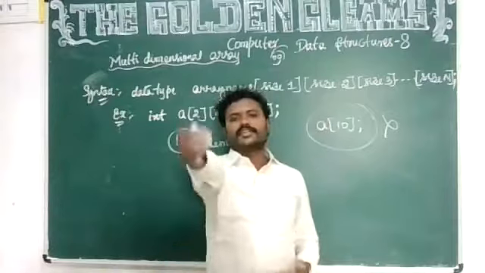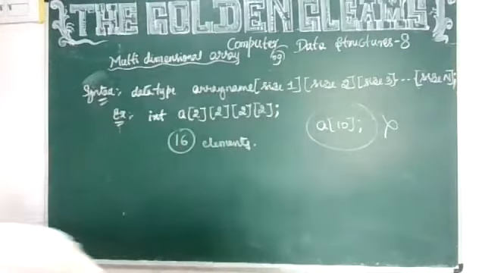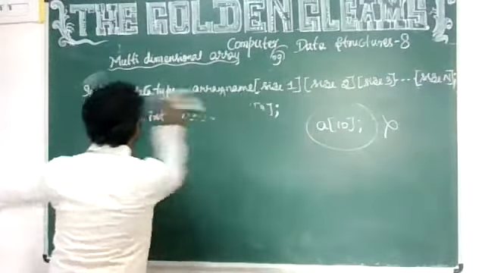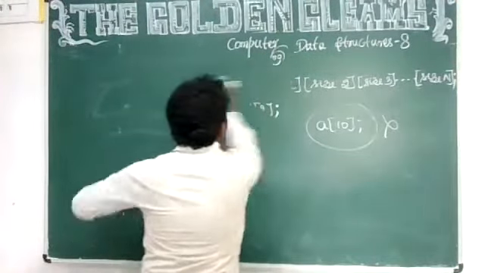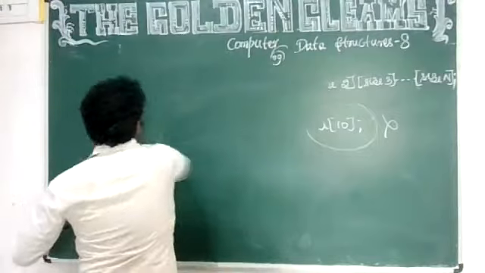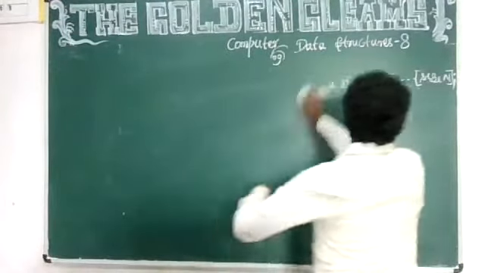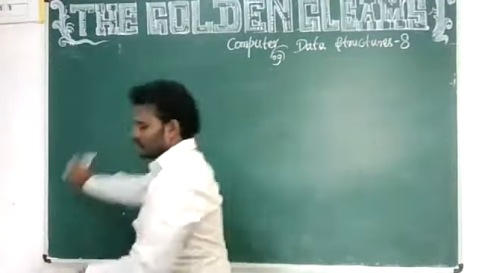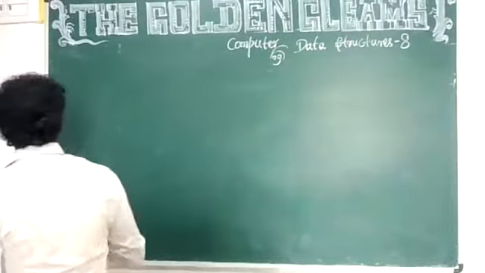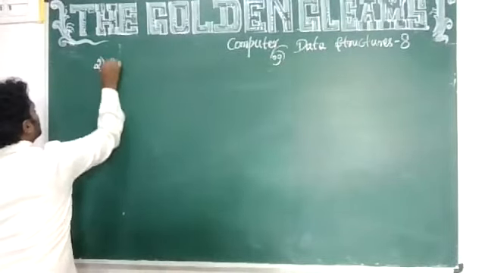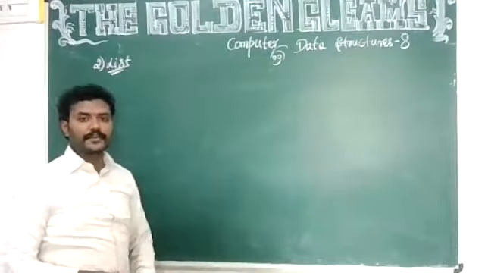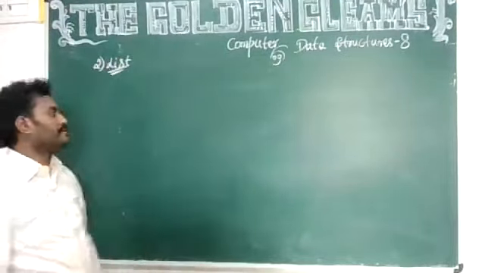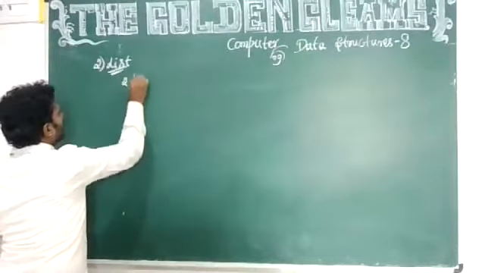Take the point number 2, that is called list. Students, understand well. List has 2 types. In list we get 2 types.